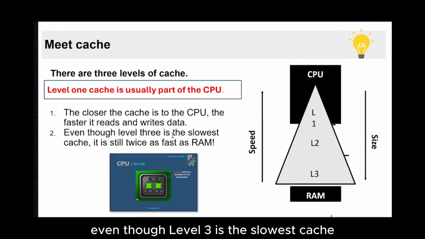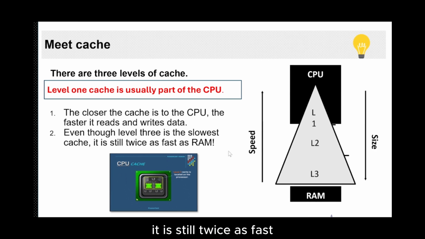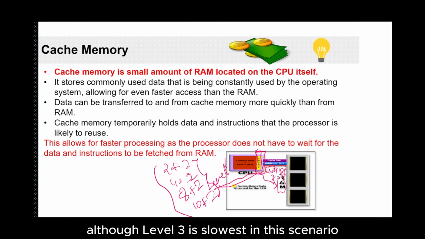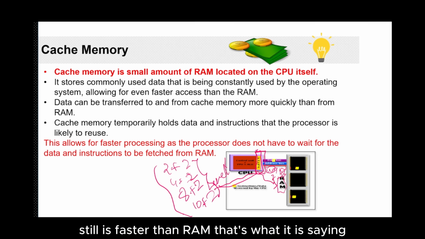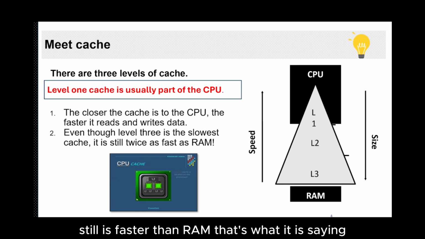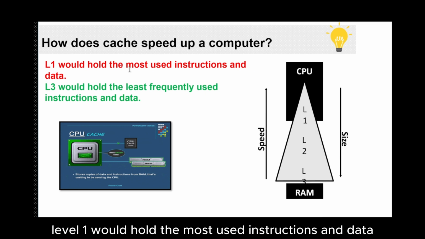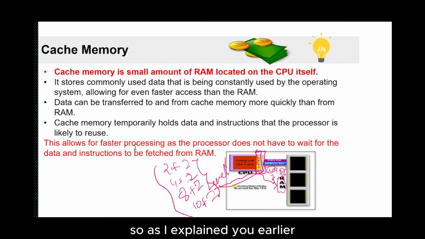Even though level 3 is the slowest cache, it is still twice as fast as RAM. Although level 3 is slowest in this scenario, it is still faster than RAM. So, level 1 would hold the most used instructions and data, as I explained earlier, like I'm using maths here.